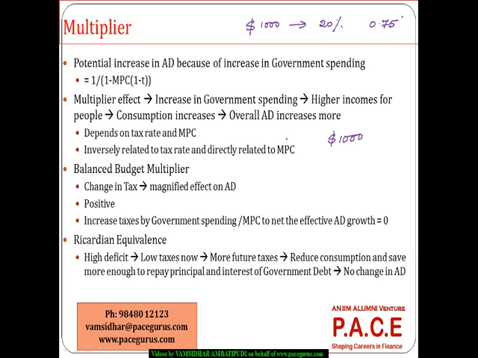Along with the $1,000 spending, it is creating a $1,000 tax also. If it has created a $1,000 tax, obviously the person's consumption will go down by $1,000, but out of that he is consuming only 75% of it, which means it is going down by 750 only.